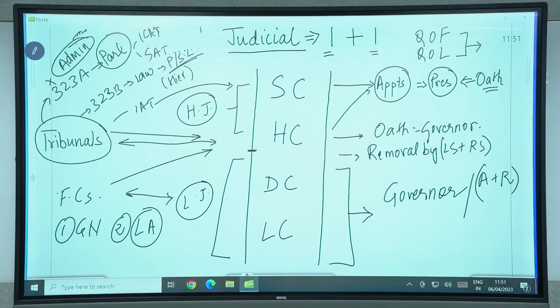Now you look at the second term, Lok Adalat. Janta ki Adalat. That reminds you of a fairly annoying TV show. It used to be good back in the day, but now it's just, Janta ki Adalat, Lok Adalat.